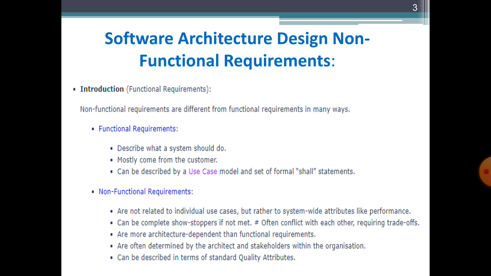So it's all about how software architecture helps us with non-functional requirements with respect to quality attributes, which we discussed in the previous lecture and in this lecture as well.